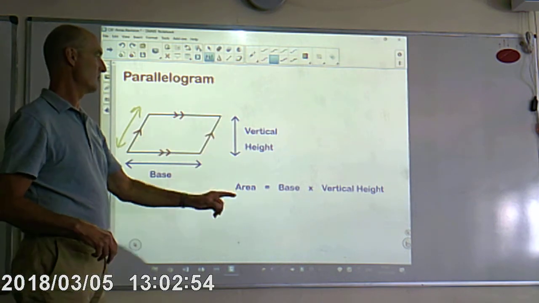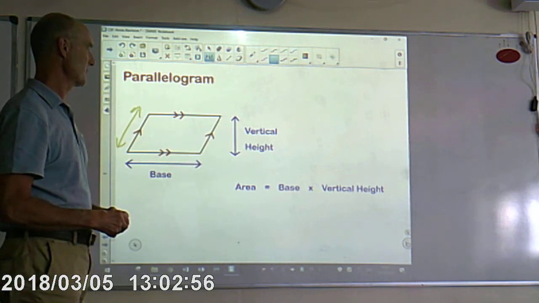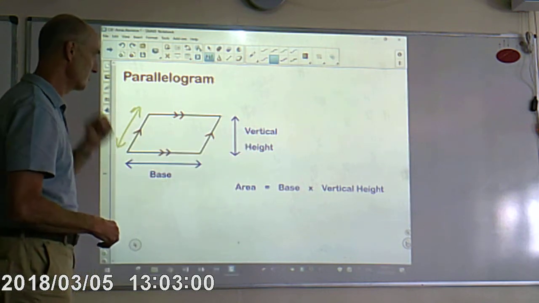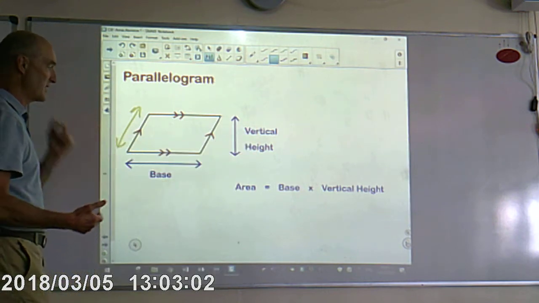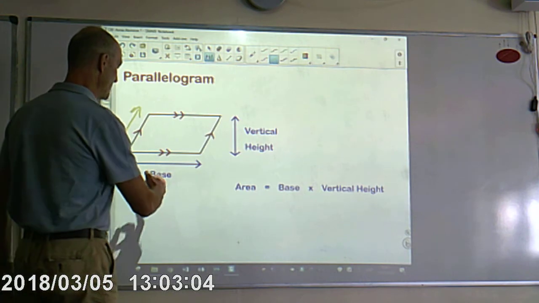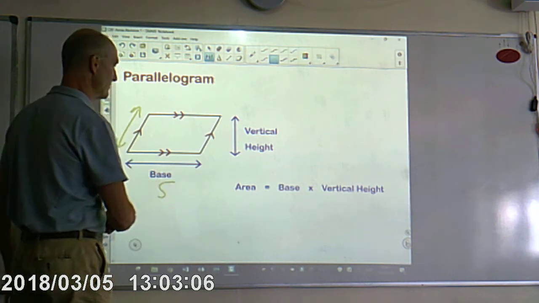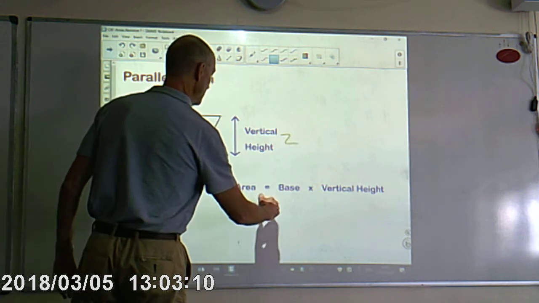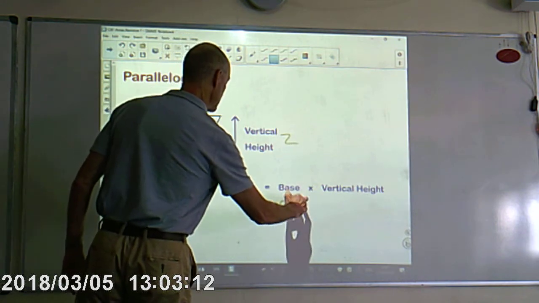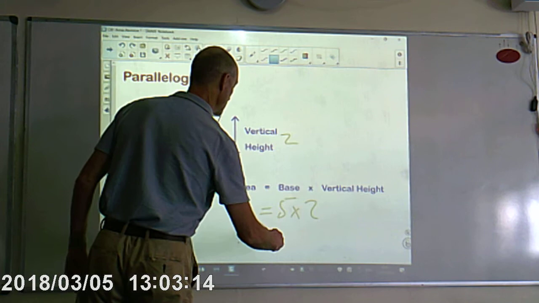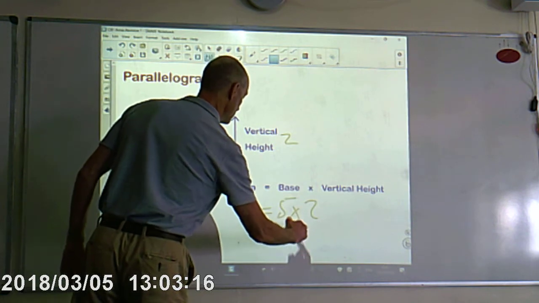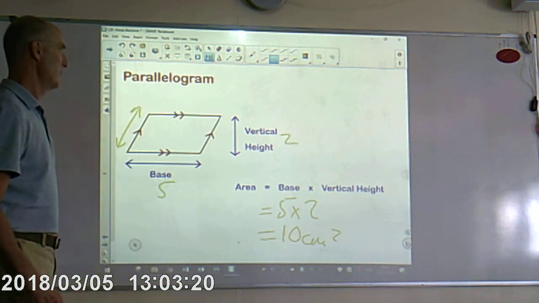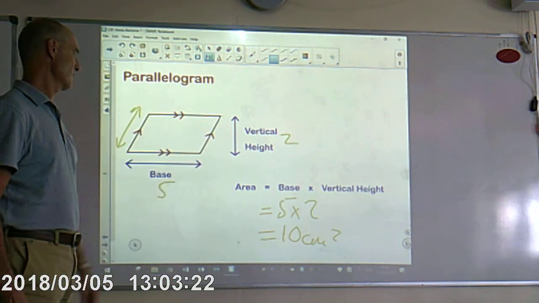Look for a vertical height. That's what we're trying to apply in our formula, and the area is then the base times the vertical height. So very simply, if we had a base of 5 centimetres and a vertical height of 2 centimetres, it would be 5 times 2 equals 10 centimetres squared. Okay? Vertical height, that's the important factor there.